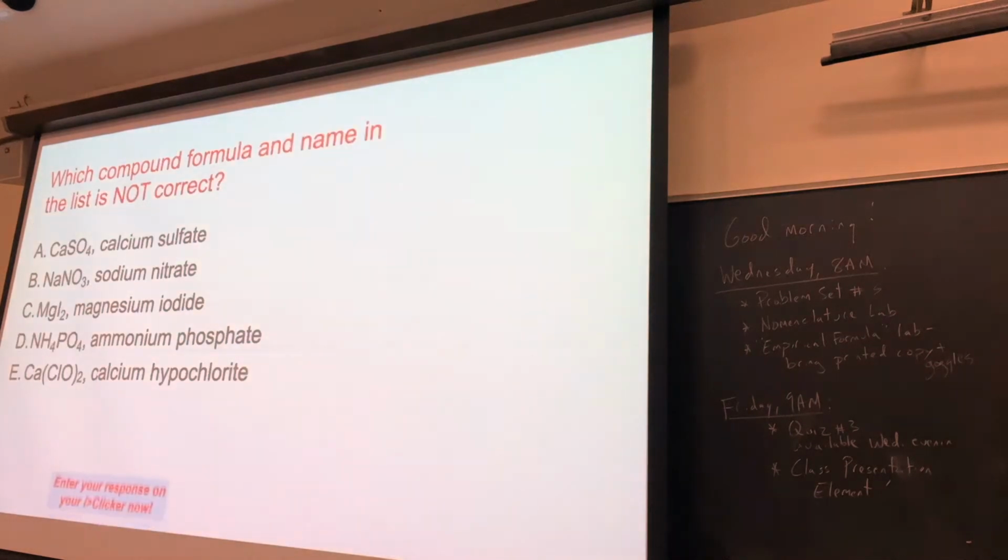Okay. So here's a question with 5 different combinations of a name with a formula. And one of these combinations is incorrect. See if you can figure out which of these 5 is the incorrect formula with name combination. Except for the middle one, the other 4 do have polyatomic ions, so just realize that's like phosphate, hypochlorite, nitrate, sulfate, ammonium.